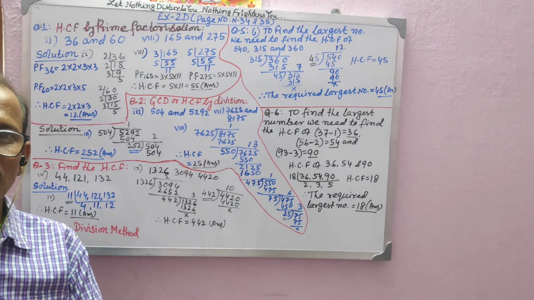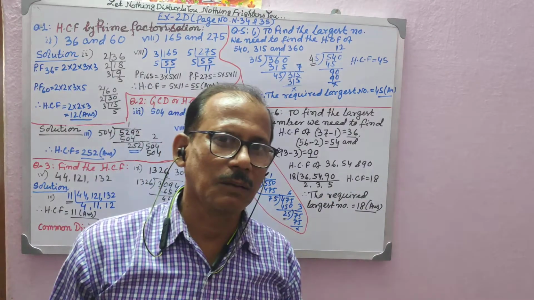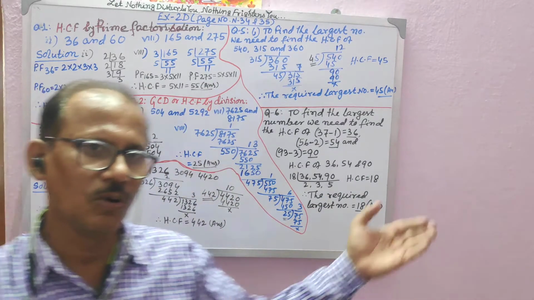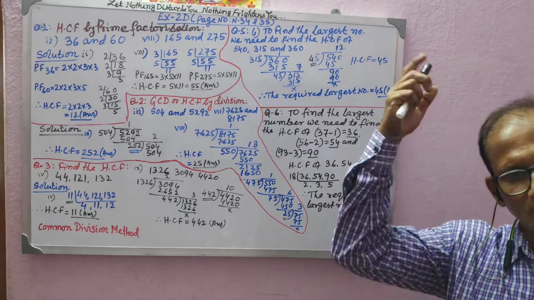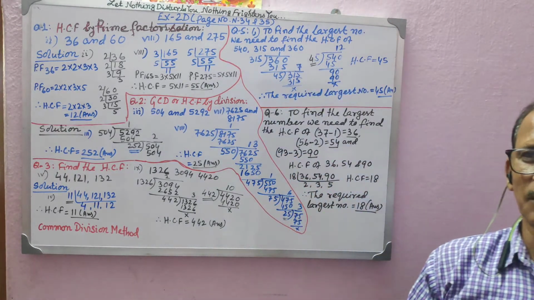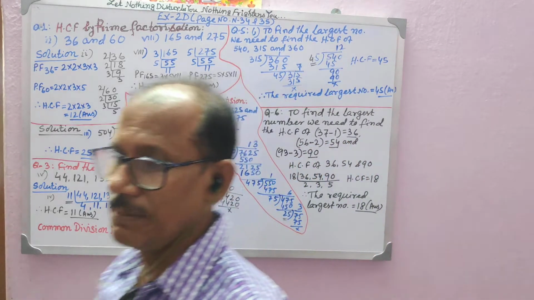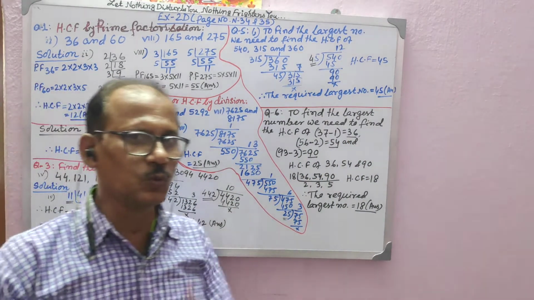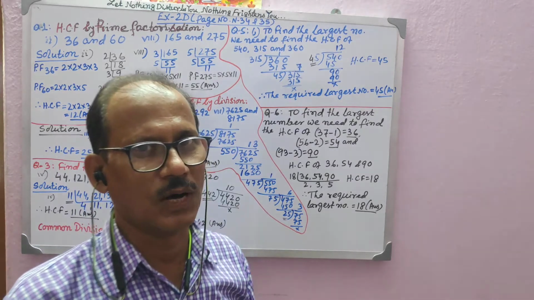If you multiply with 1, you get the first multiple, and so on. Multiples of a number can be infinite, because you can multiply the number with lakhs, millions, billions, trillions. So multiples of a number are infinite, but factors of a number are always limited. A prime number will have two factors, one and the number itself.